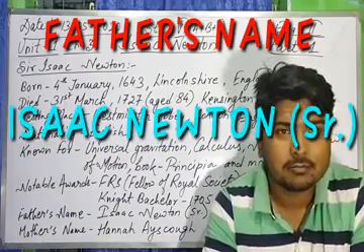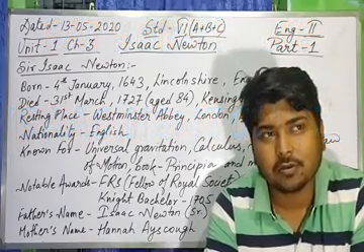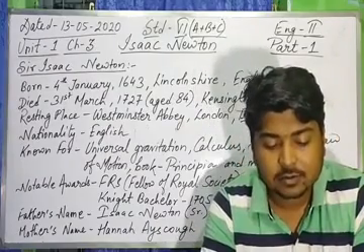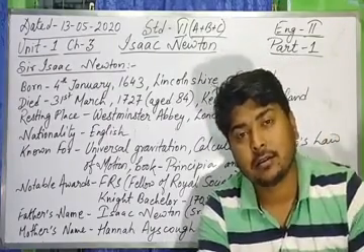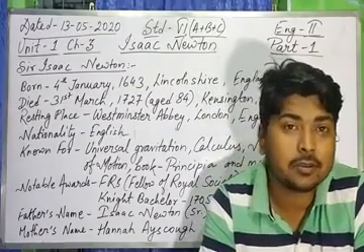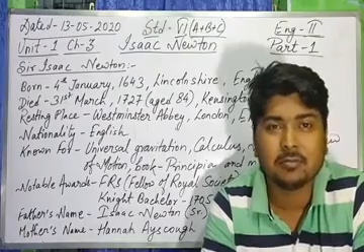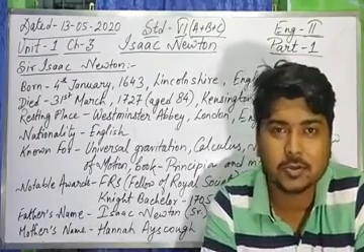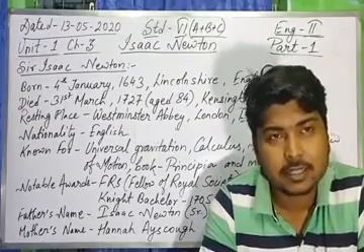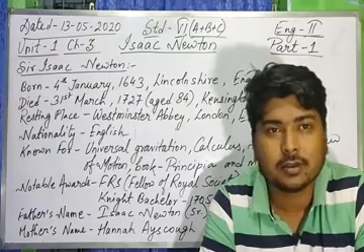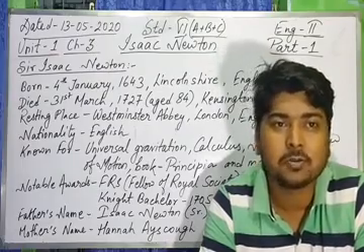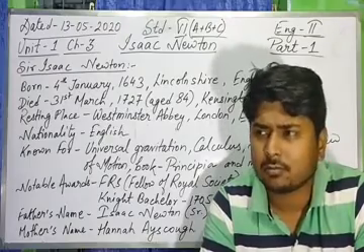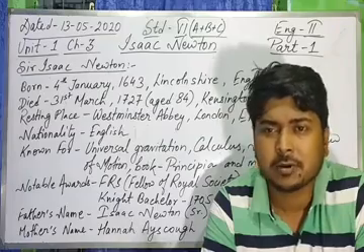As he was named after his father, we can call his father Isaac Newton Senior, and we can call Newton Isaac Newton Junior, because his father died when he was still in his mother's womb. He had not even been born, and his father had died, I think 2 or 3 months before his birth.